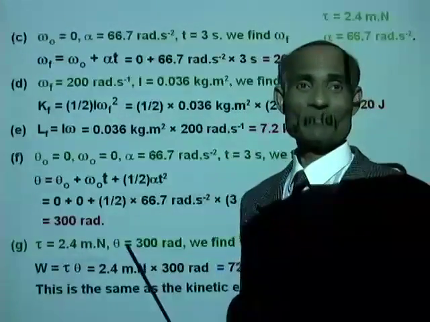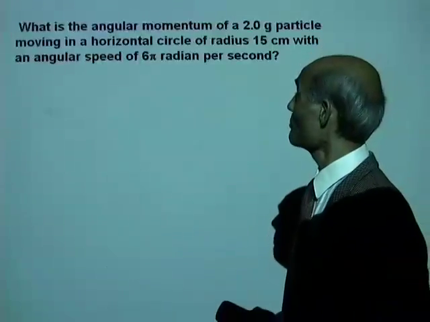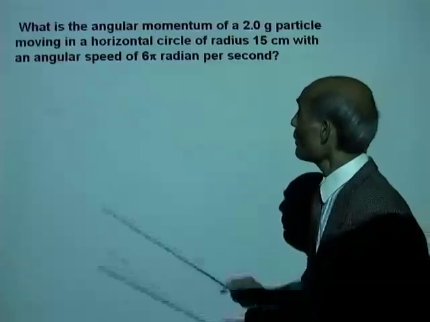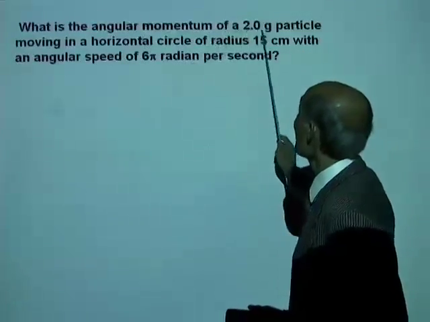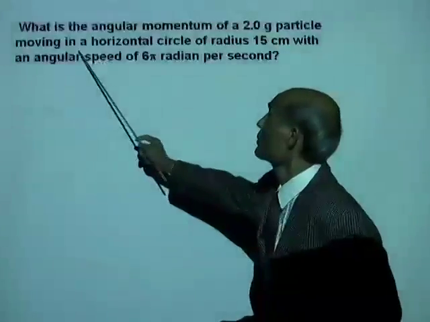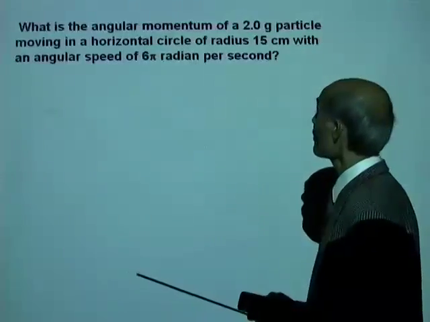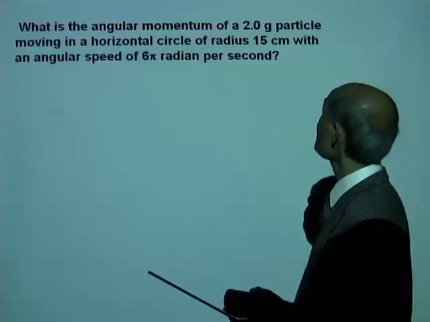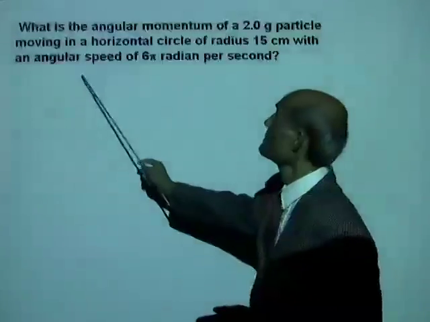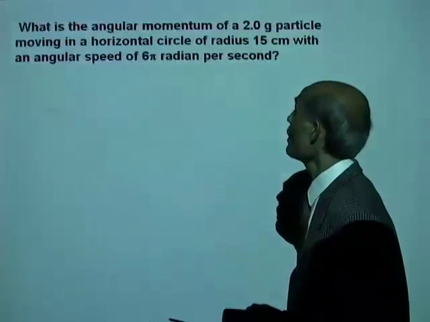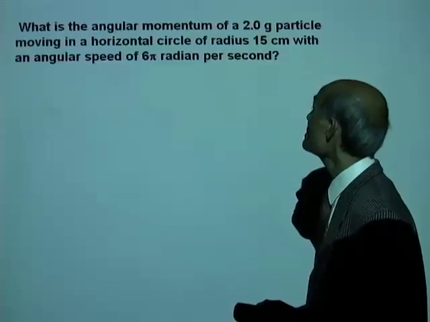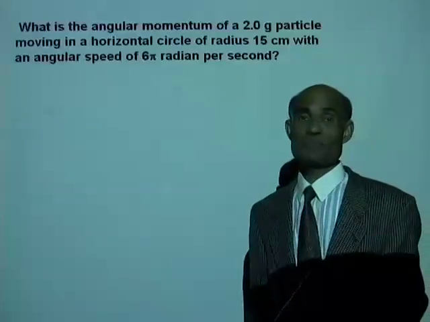Okay. Another problem. What is the angular momentum of a 2-gram particle moving in a horizontal circle of radius 15 centimeters with an angular speed of 6 pi radians per second?